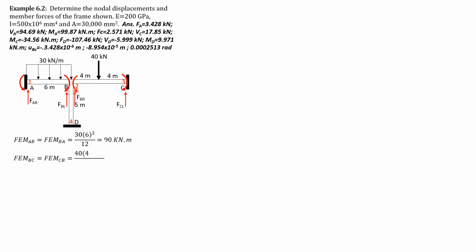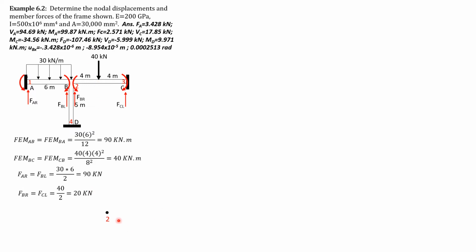And fixed end moment BC is 40 times 4 square over 16, so 40 kilonewton meter. So FAR equals FBL by symmetry, 30 times 6 over 2, so 90 kilonewtons, and FBR equals FCL is 40 over 2, 20 kilonewtons because it is acting at the center.